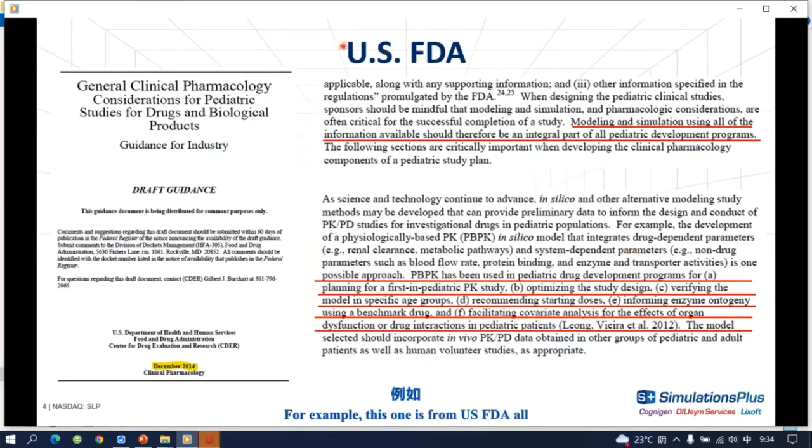For example, this one is from US FDA all the way back from 2014, where they already recognized that modeling and simulation should be a part of all pediatric development programs, and highlighted specifically some of the applications of PBPK models. Right? First, the dosing recommendations for that first in pediatric study, optimizing the study design, recommending the doses, and so on.